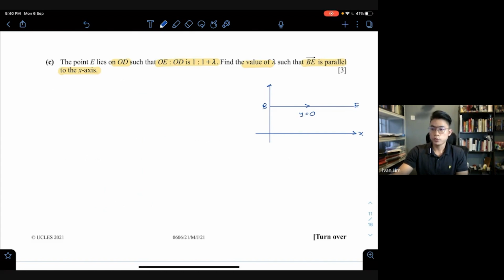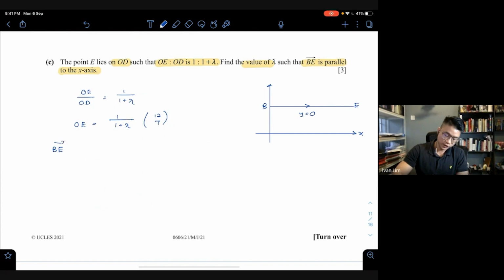Okay, so let's go and find what is BE first. Okay, so we got this OE and OD. So OE to OD is equal to 1 to 1 plus lambda. Because for me to find BE, I need BO plus OE. Okay, rearrange this. OE equals, OD is (12, 7). So 1 over 1 plus lambda times (12, 7). Why do I need OE?